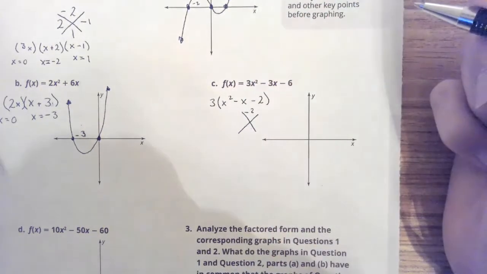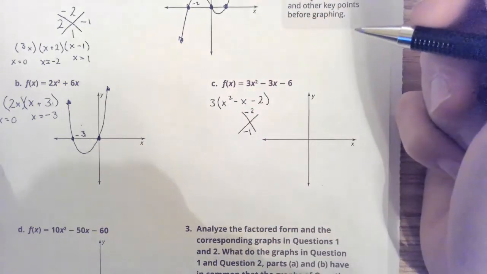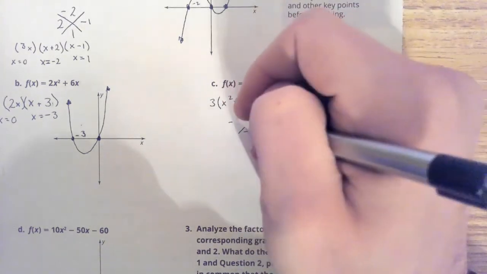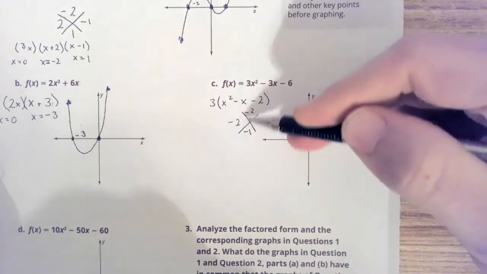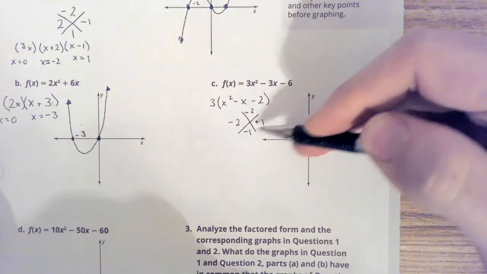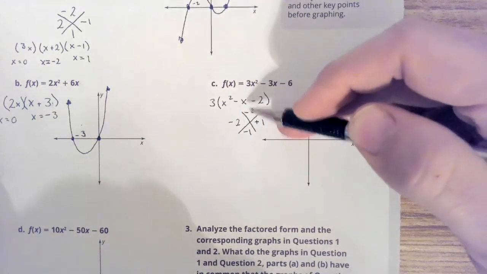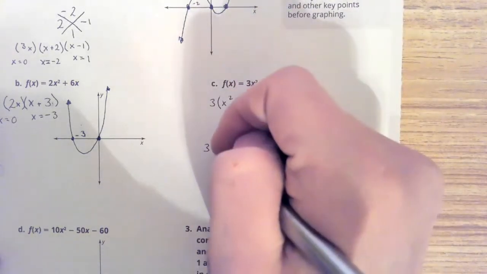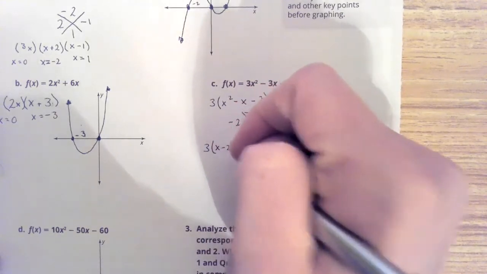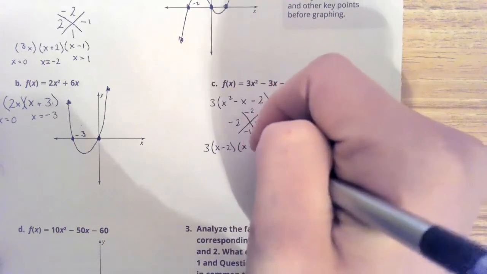So we'll have factors of -2 that add up to -1, which would be -2 plus 1. Remember, it hits both of these constraints. -2 plus 1 is a -1. -2 times 1 is a -2. So then we can rewrite this as 3 times x minus 2 times x plus 1.